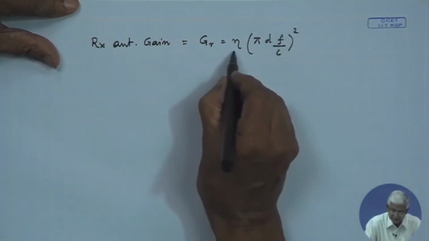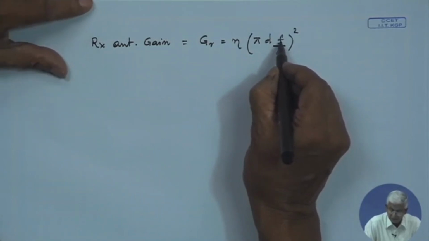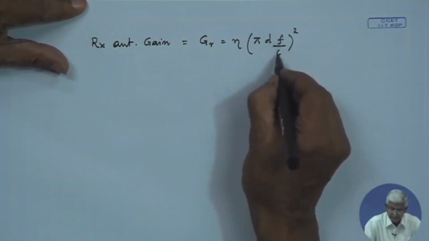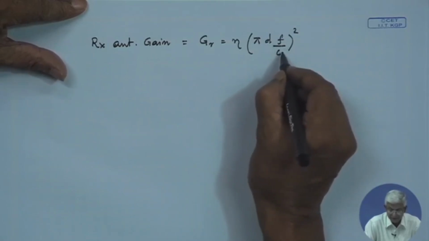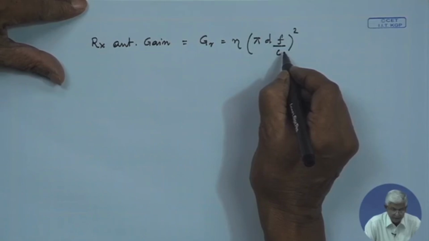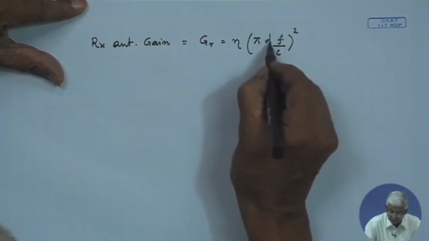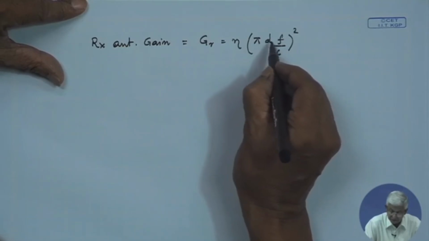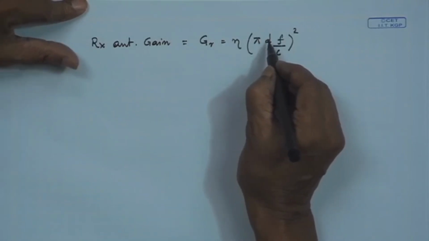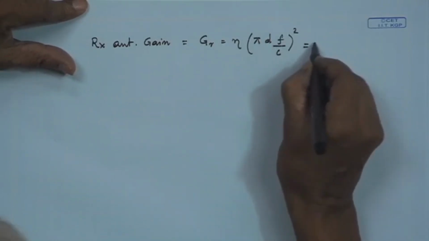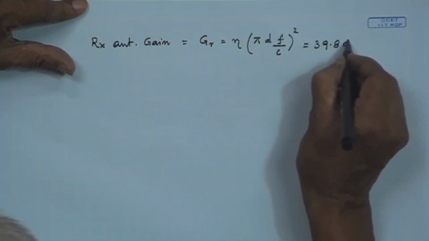If you put 0.6 here, D is 1 meter, and this is the receive frequency, so it is 12 gigahertz, and c is the velocity of light or electromagnetic wave in this case, 3 times 10 to the power 8. With this, remember that the range was given in kilometer, but this is in meter. So, if you calculate it, it will come to approximately 39.8 dB.